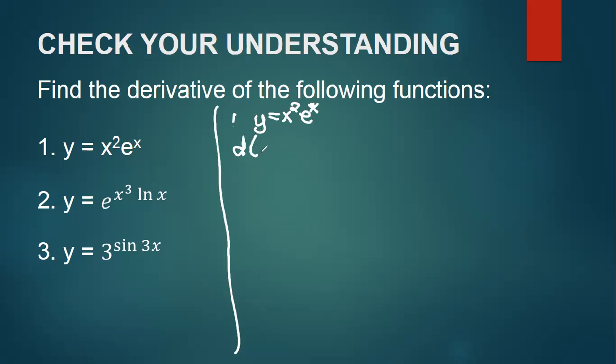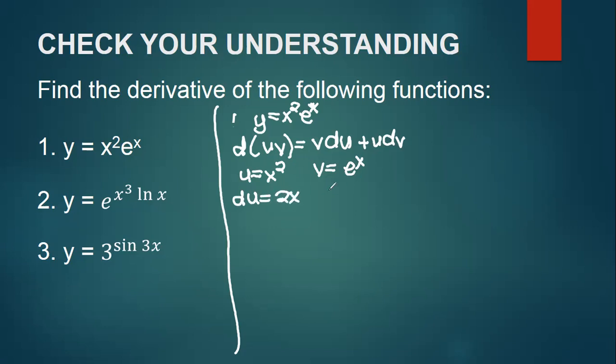The derivative of u times v is equal to v du plus u dv. So we let u be equal to x squared and v equal to e raised to x. The derivative of u is 2x, and the derivative of v, of course, e raised to x, is also e raised to x.